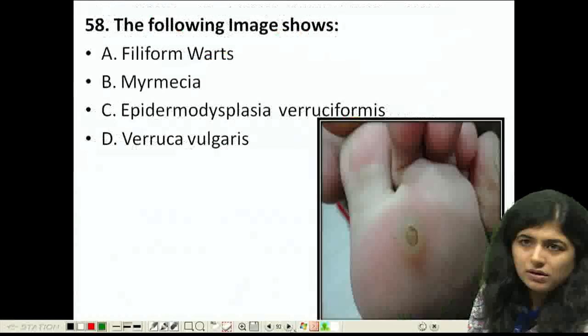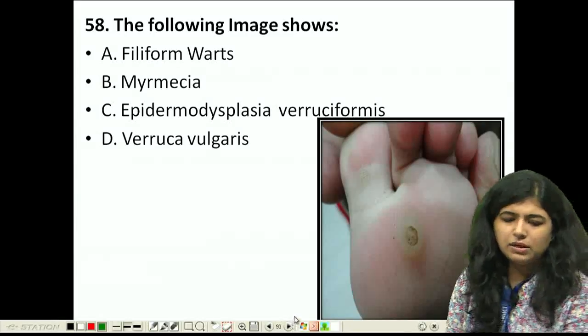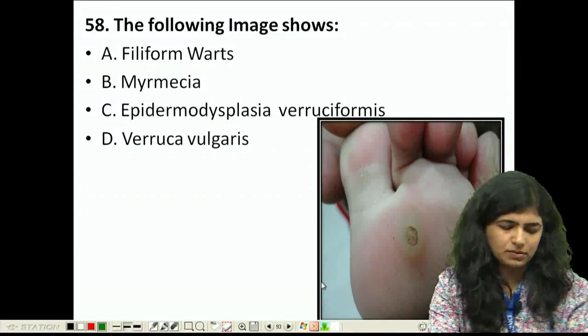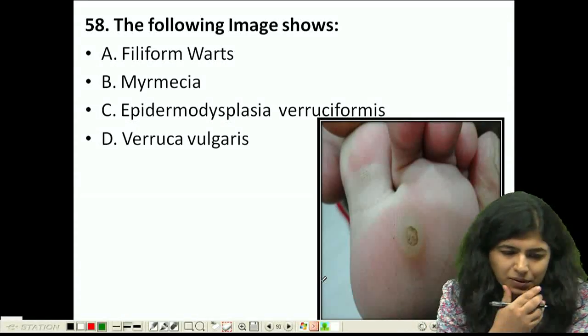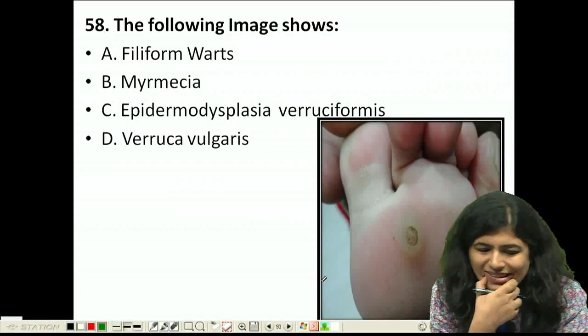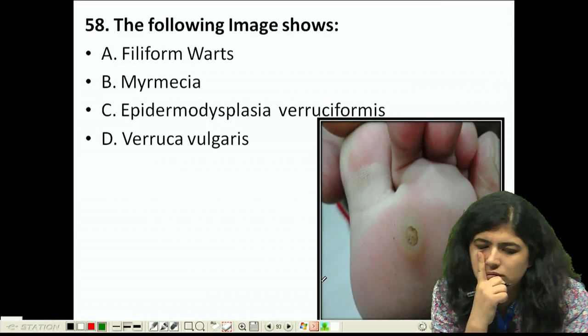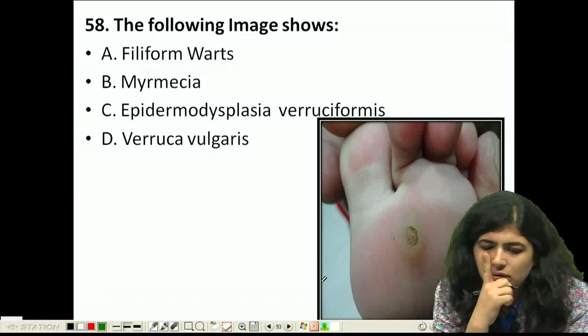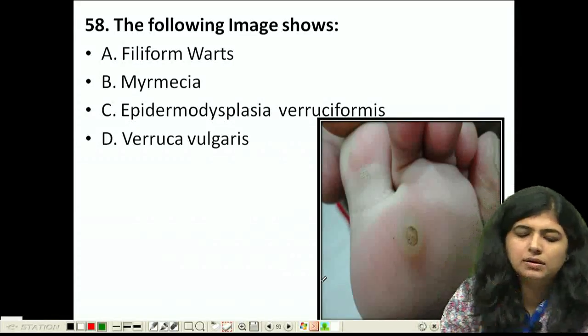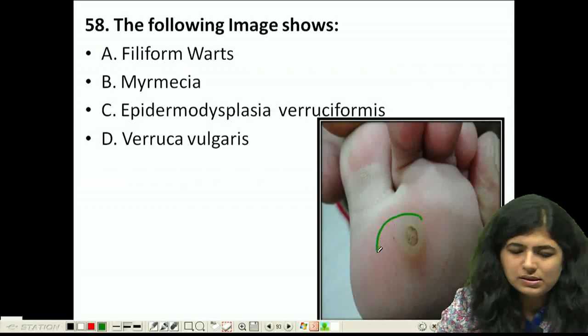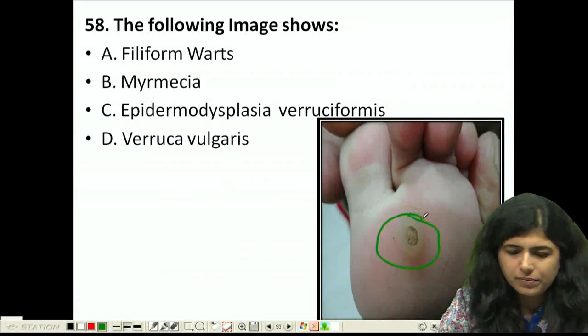Should we move forward? Yes. Tell me what this is. What is this? What does this image tell you?